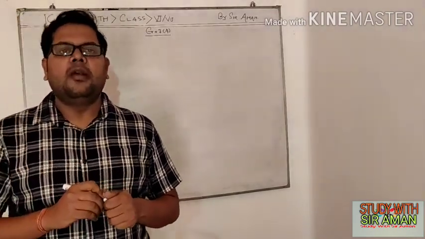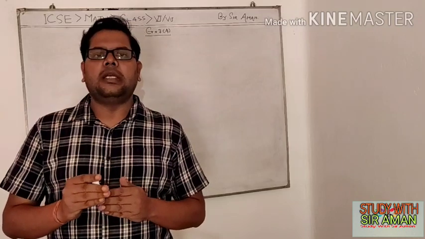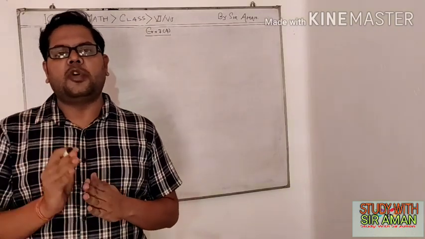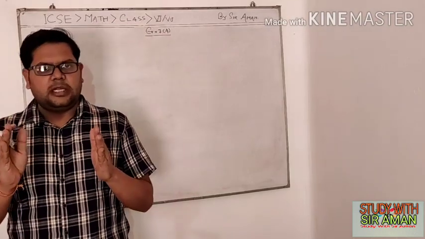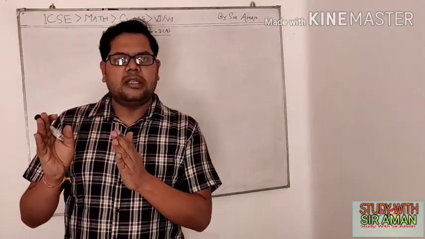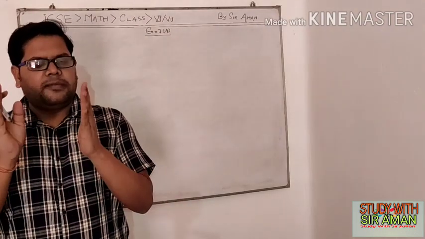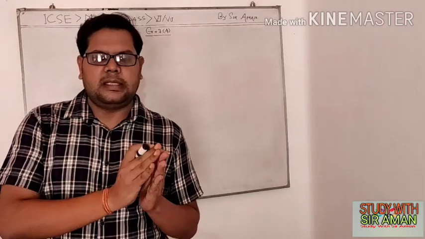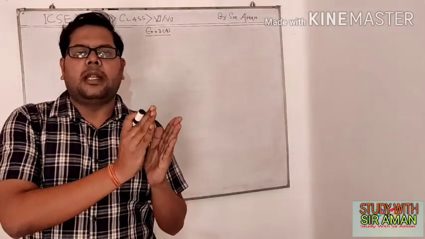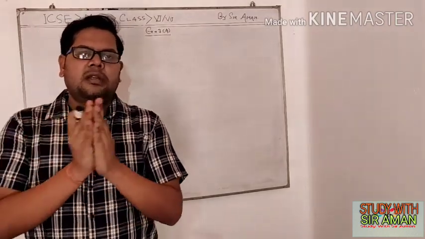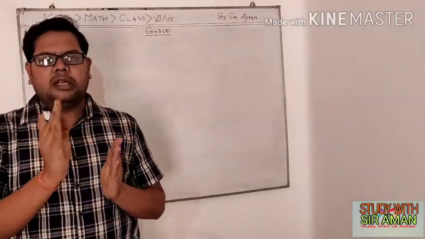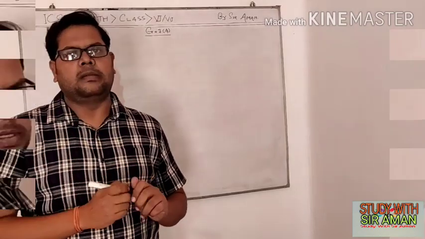The question is: now for how many days or how many weeks will the food last? Food is limited, the number of men is increasing. Obviously, the food will last for fewer days. It means one side the number of men is increasing, the other side the number of days will decrease. It is inverse variation.